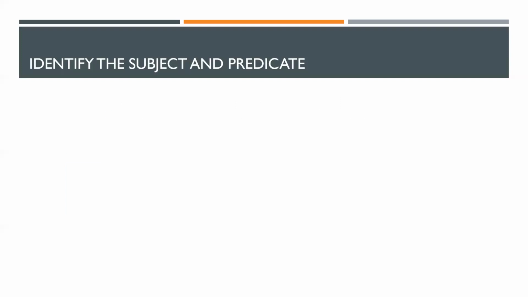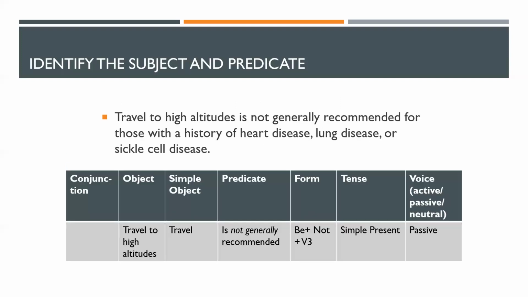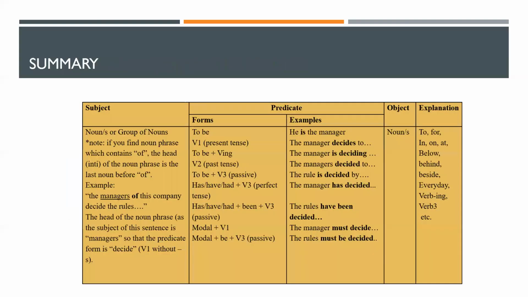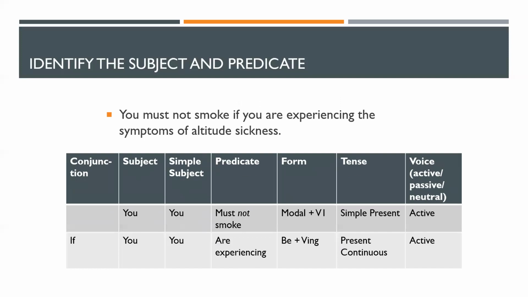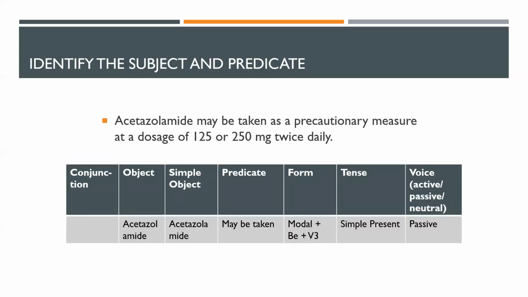Okay, well, you have many more examples, but I think that you can study it by yourself. Like altitude sickness like this, and also you have like this. So you have maybe taken modal plus be plus verb 3 like this. Why? Because be plus verb 3 is passive, right?